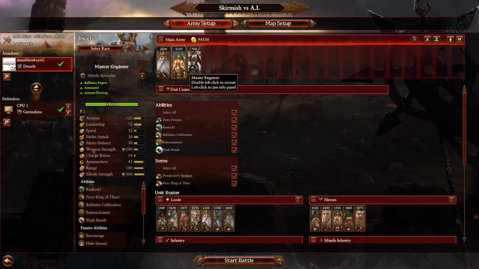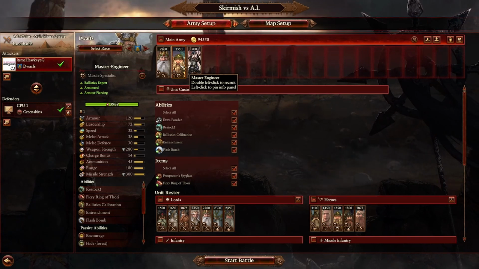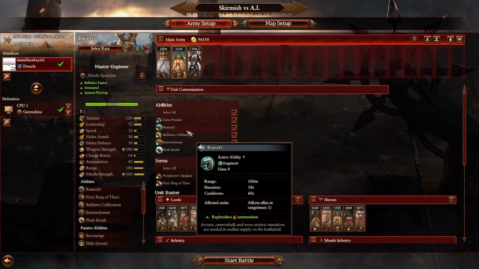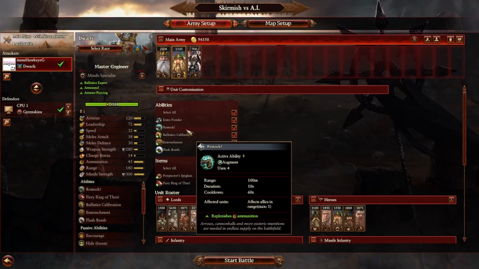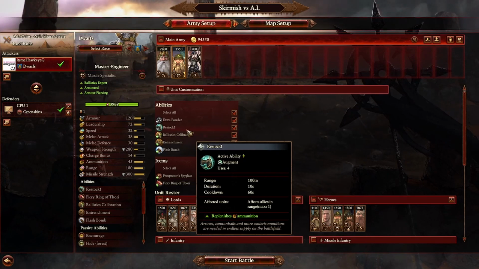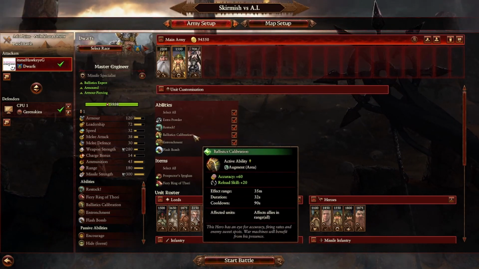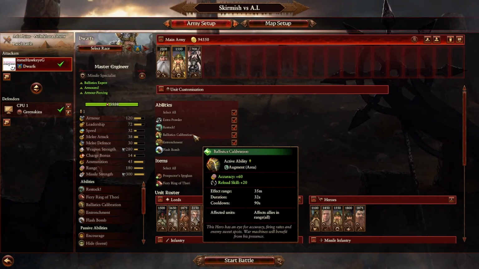I think a great example of highly specialized heroes would be the Gunnery Wight for Vampire Coast, or the Master Engineer for the Dwarfs. The Master Engineer has this restock ability to give additional ammunition to units, which is pretty crazy. This is kind of a cool ability to have. It also has the ballistics calibration skill so that it increases the accuracy and fire rate of artillery.